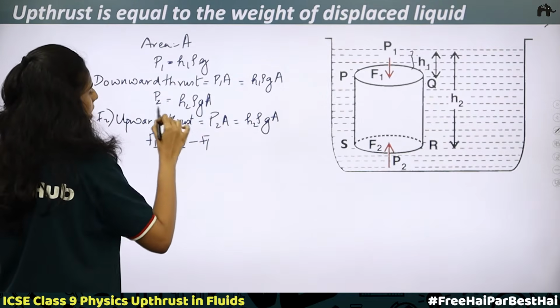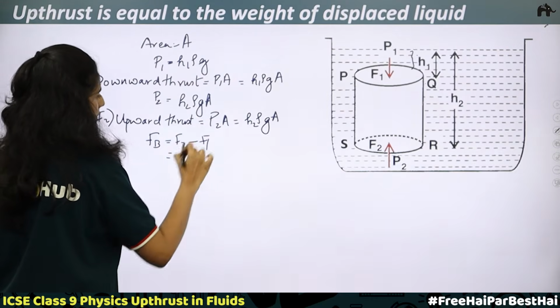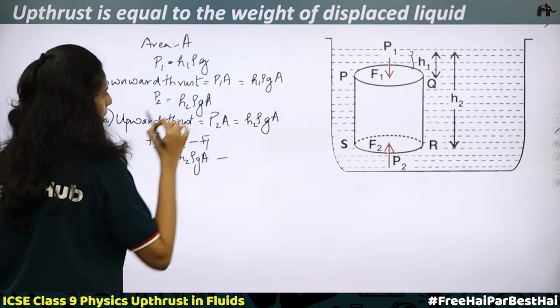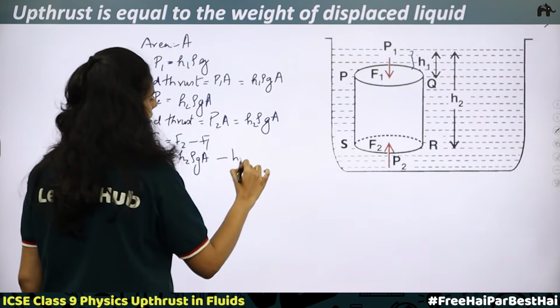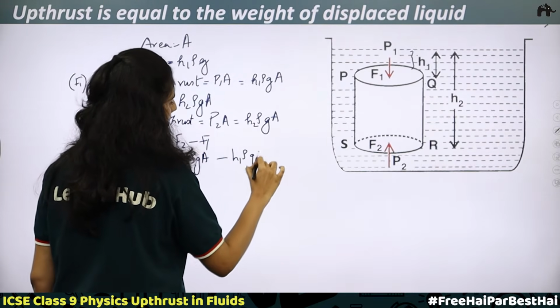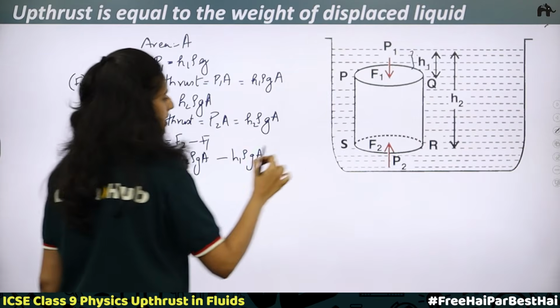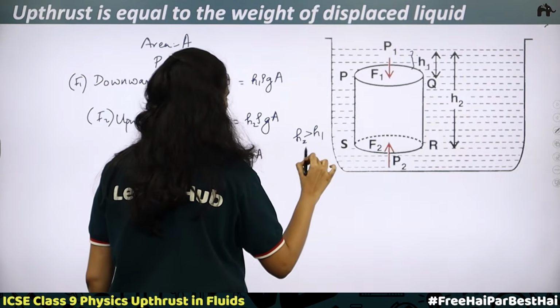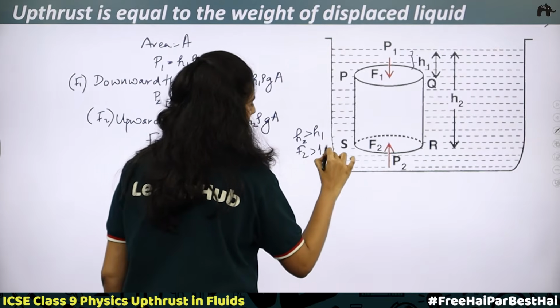What is F2? F2 is equal to H2 rho G A minus F1, which is equal to H1 rho G A. Here you will understand that since H2 is greater than H1, F2 will be greater than F1.